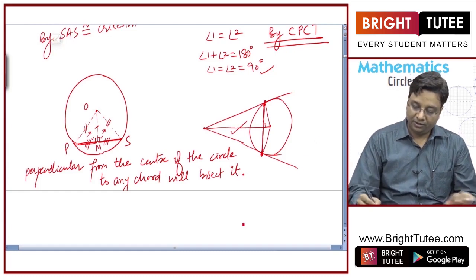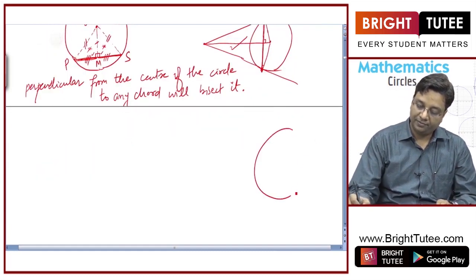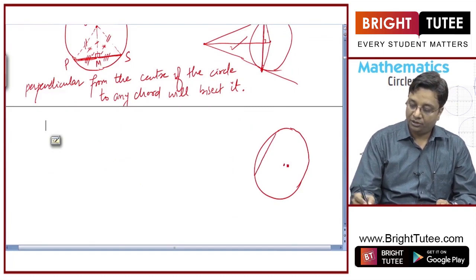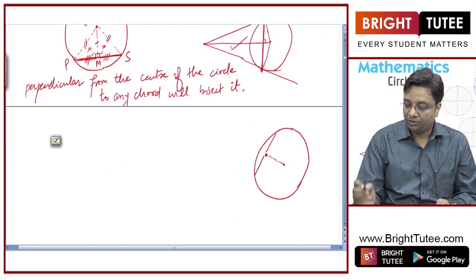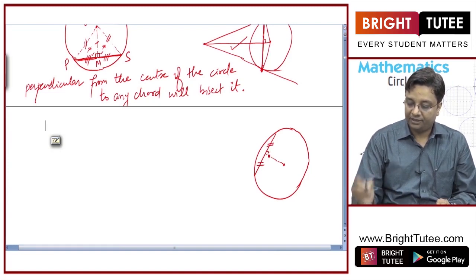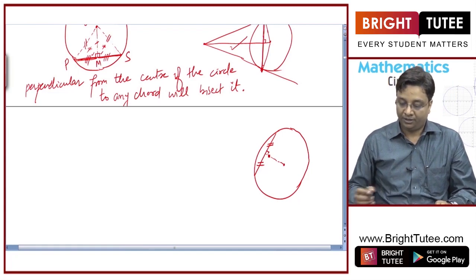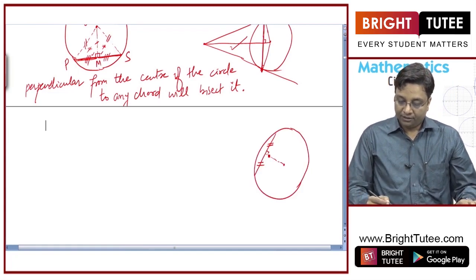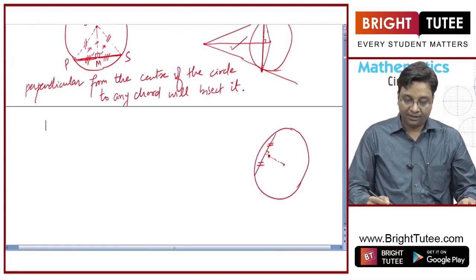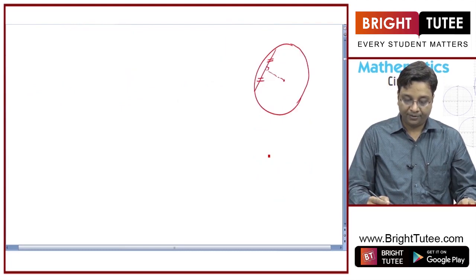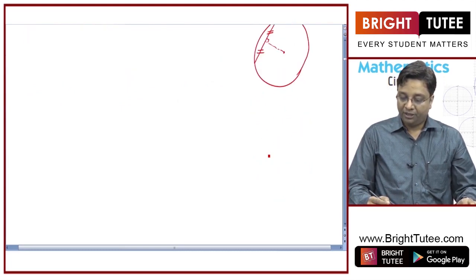So if you have a circle and you have any chord, and if you draw a perpendicular from this center to this chord, this will bisect it, this is perpendicular. So these are some of the results that you should keep in your mind before proceeding.